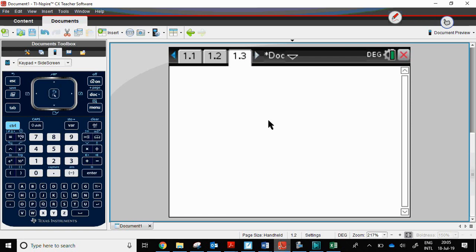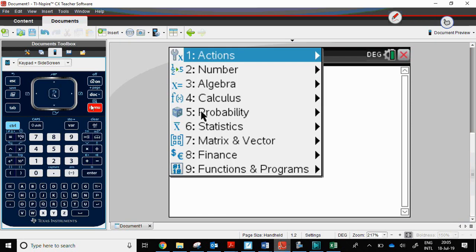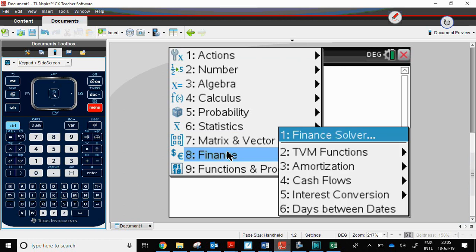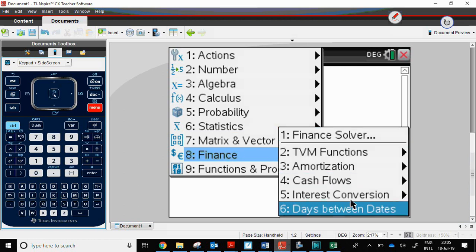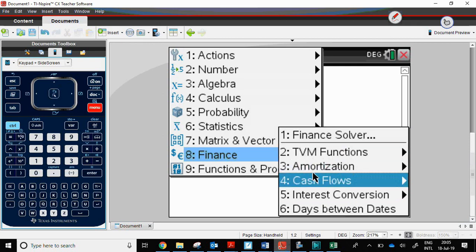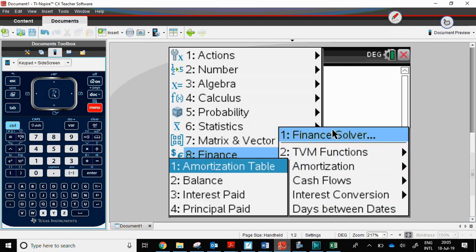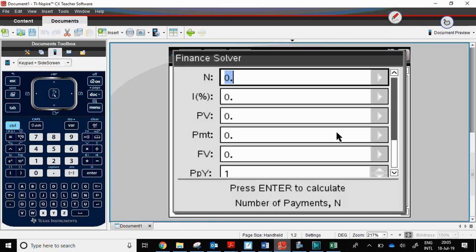Okay, so we got our handy dandy calculator. We press menu as always, and then down here, number 8 is finance. Okay, I have no idea what any of this stuff is about. I don't even know what this word means. But we're just interested in the financial solver, which, hey, guess what? You didn't need to memorize any of those words because I actually tell you down here at the bottom of the screen what each of these sections mean.